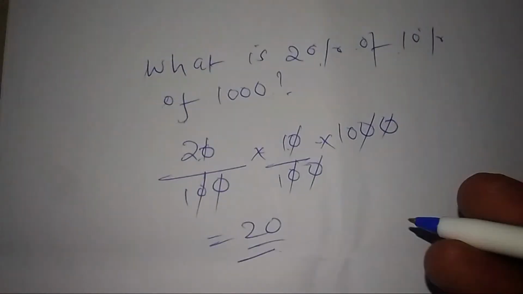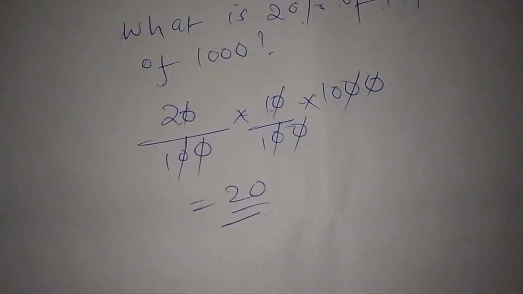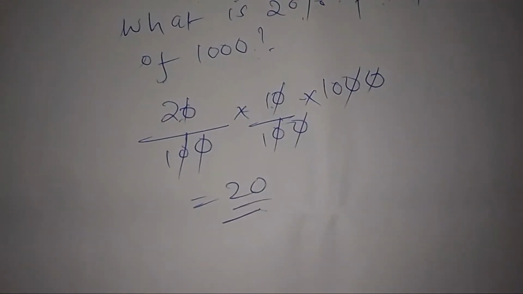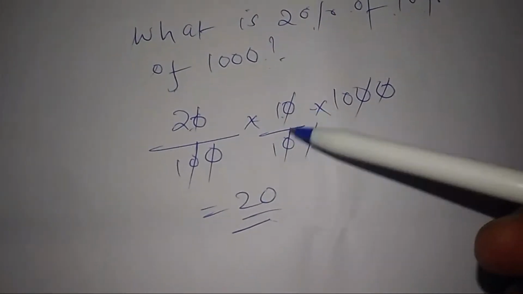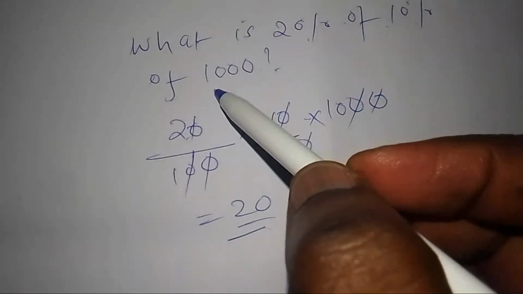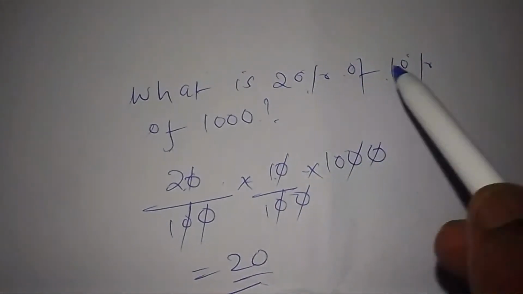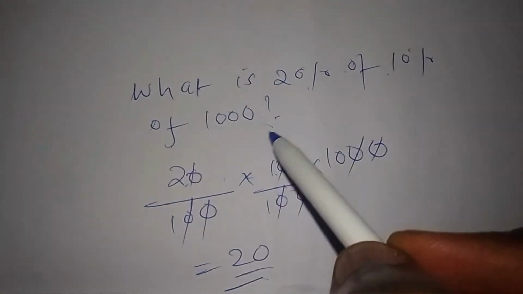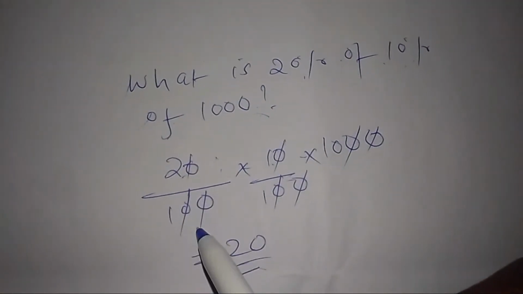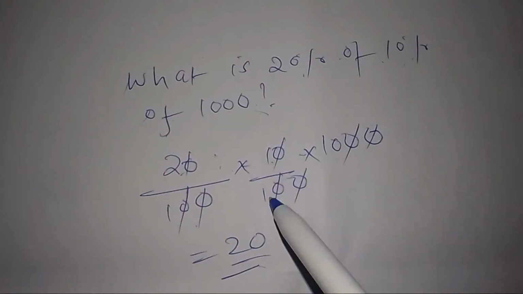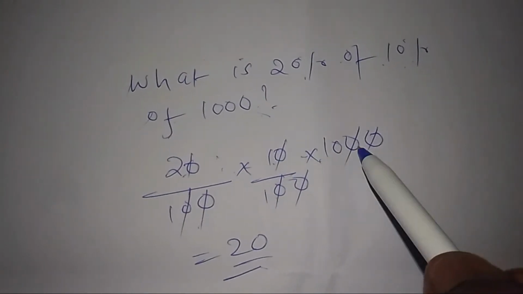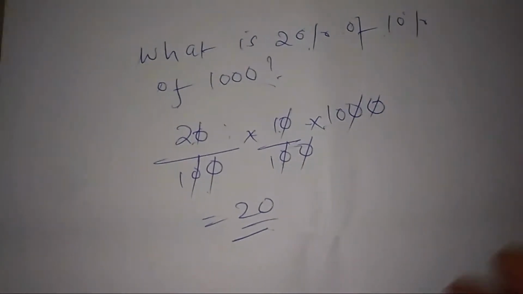That is how we can work out these figures. We shall have 20 out of 100 multiplied by 10 out of 100, then multiplied by 1000. So we shall have 20.